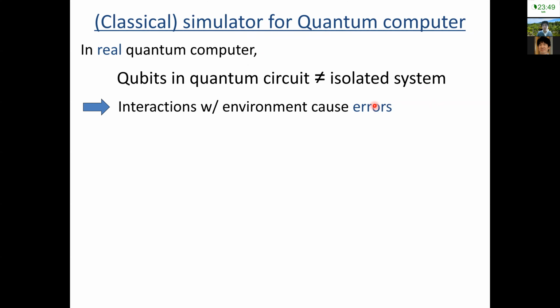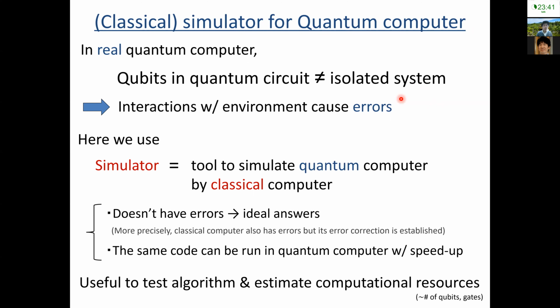So in order to get a precise result, we have to correct errors. And here we use a simulator, which is a tool to simulate a quantum computer by a classical computer. This does not have errors, and we can get the ideal answer.